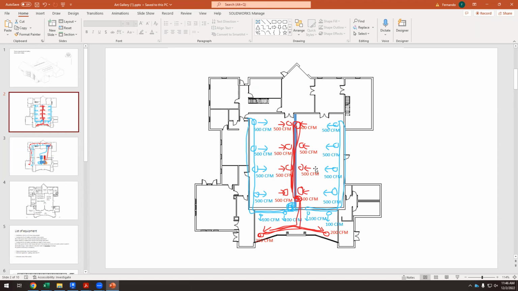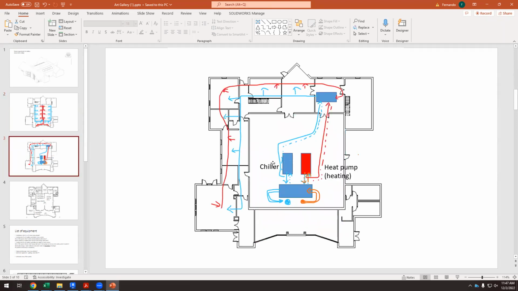So that's why if we connect everything to the same air handling unit and the same heat pump, when there are a lot of people in the art gallery, probably we will need some cooling, even if it's cold outside, because the people are releasing a lot of heat.